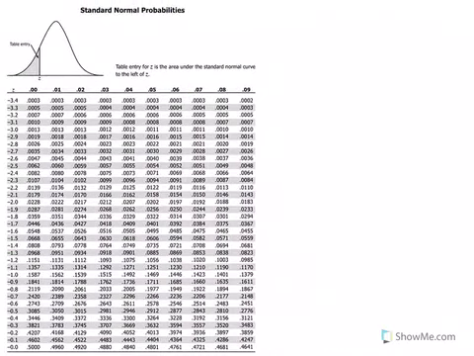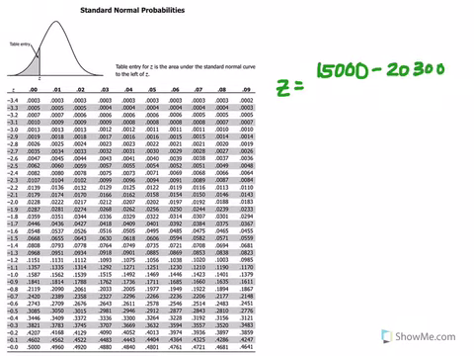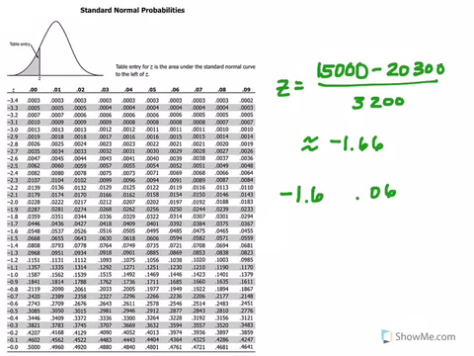And we know that's going to be a negative because it's below the mean. So our z-score is going to be the data point 15,000 minus the mean of 20,300 divided by my standard deviation of 3,200. And that is going to give us approximately negative 1.66, which is going to be at the intersection of negative 1.6 and 0.06.